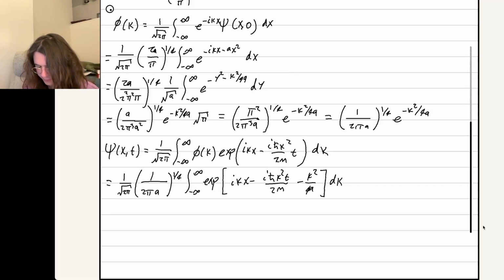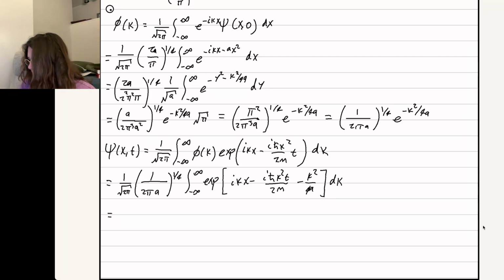And I'm going to regroup it in a way that's a little bit more suggestive, and also move the radical into that 1/4. So it's going to be (2 pi a) all to the 1/4.